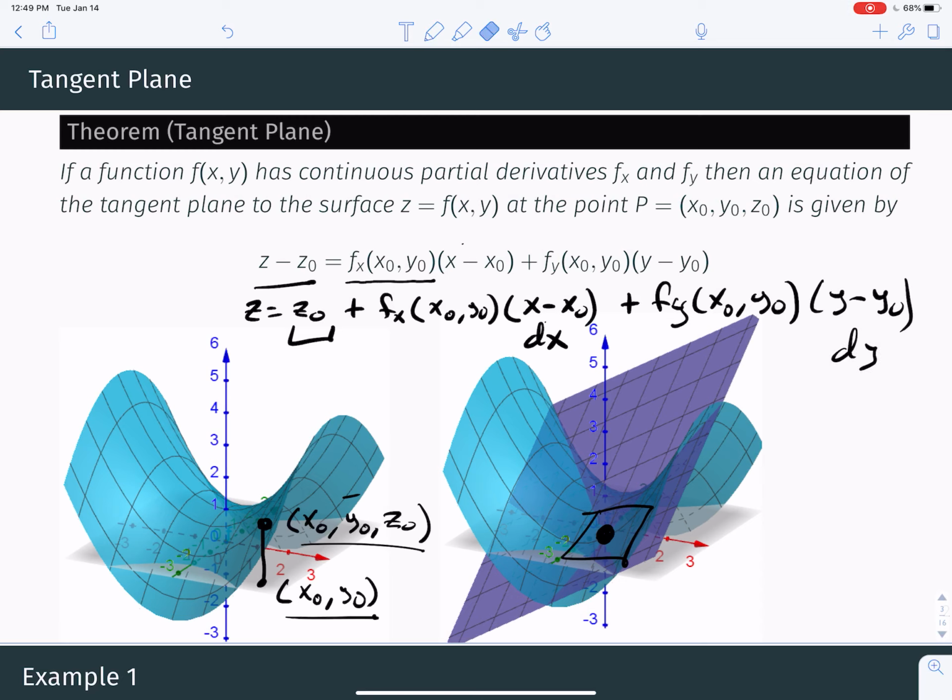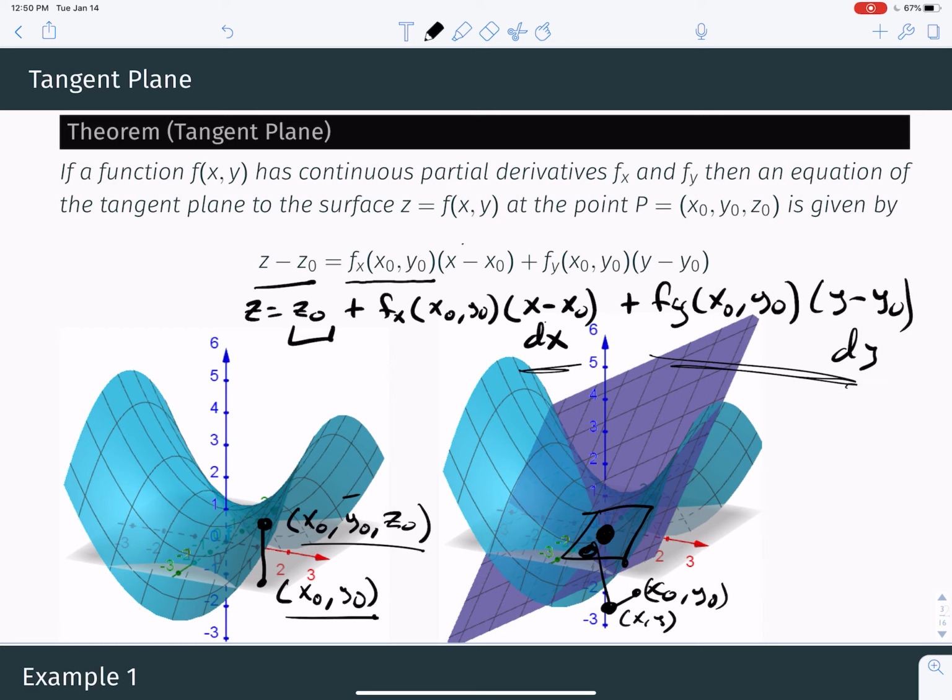Right? So if you move from the point right here, x naught, y naught, to a new point over here, some new x, y, well, how did your point on the graph move? Well, it probably changed the y a little bit, which is going to have changed the z coordinate.